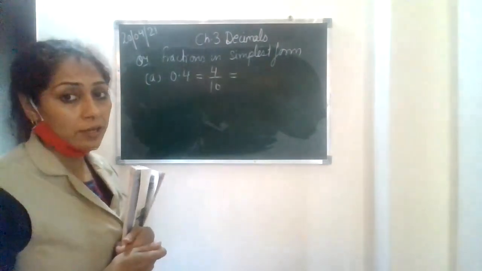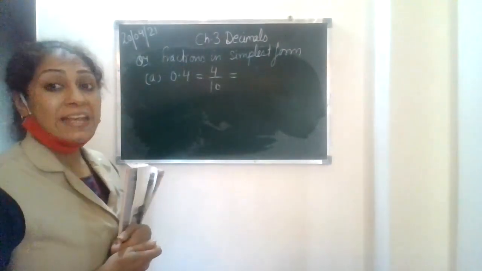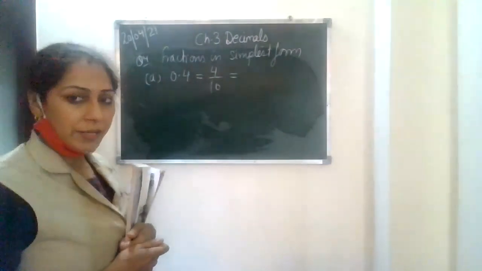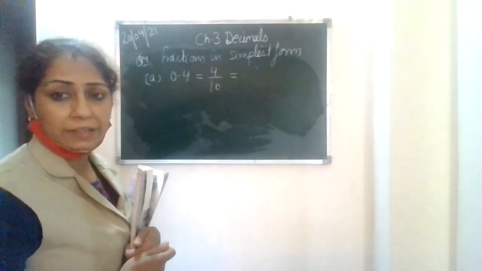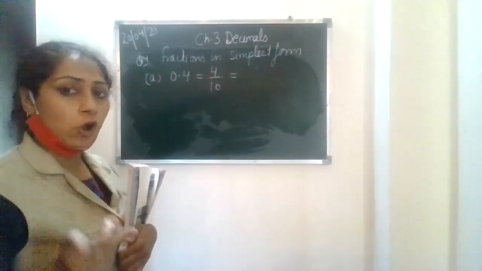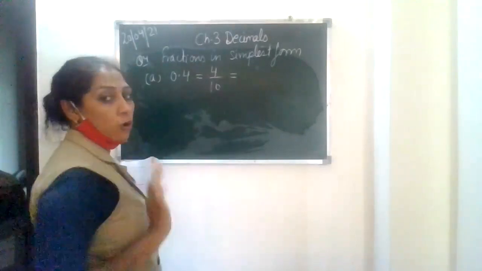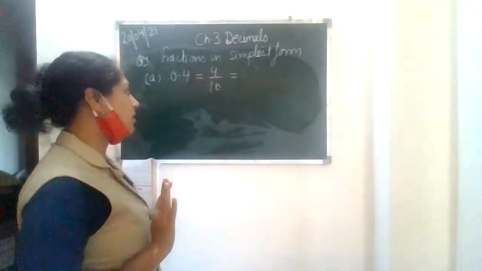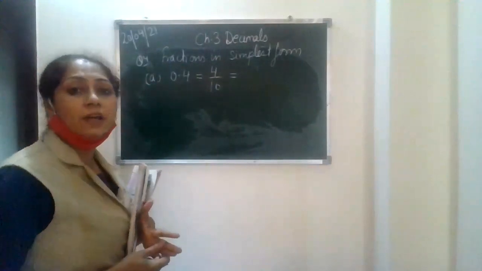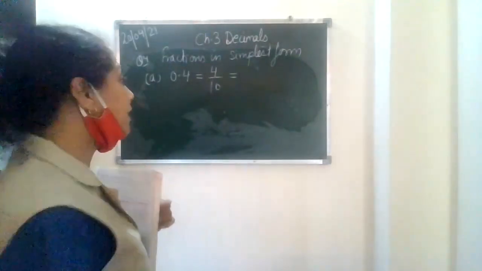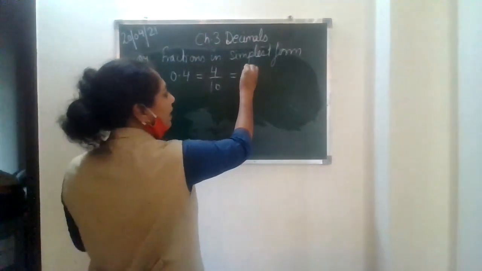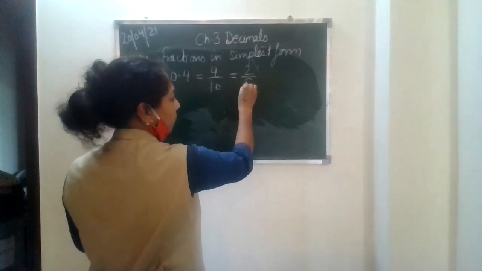Simplest form is when no factor except 1 remains common between the two numbers. There should be no other factor than 1 common between the numerator and denominator. And the numerator is 4, the denominator is 10. Can you tell me which is the common factor? Which one is visible now? It is 2. So can I write it as 2 by 5?